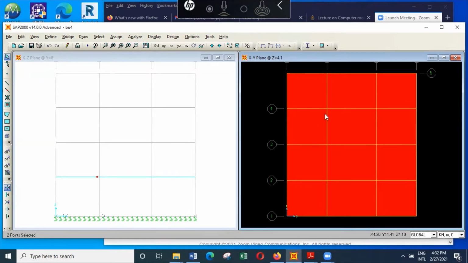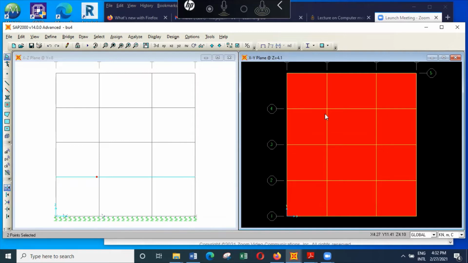But in more dedicated programs like ETABS or Midas Gen, the program has facilities to do the meshing while it is running. In Midas, it actually allocates the loads automatically, as we have done.